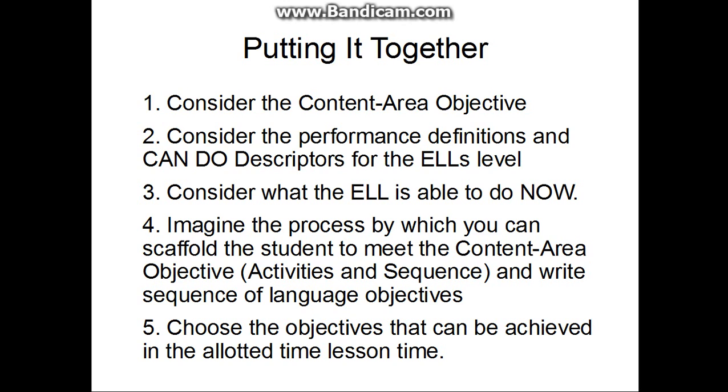That would be the activities and the sequence, and then write a sequence of language objectives that will get us to meet the content area objective. And then, since we're writing a language objective for a particular content area objective lesson, we need to choose the objectives that we can realistically achieve in the allotted time for the lesson.